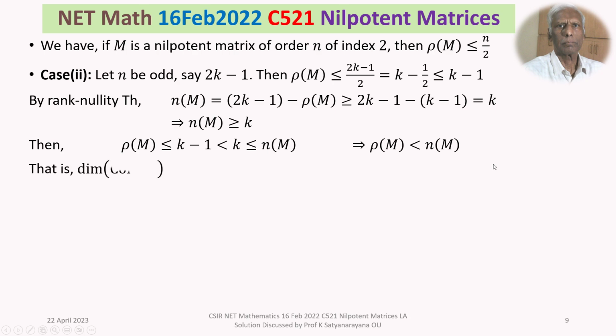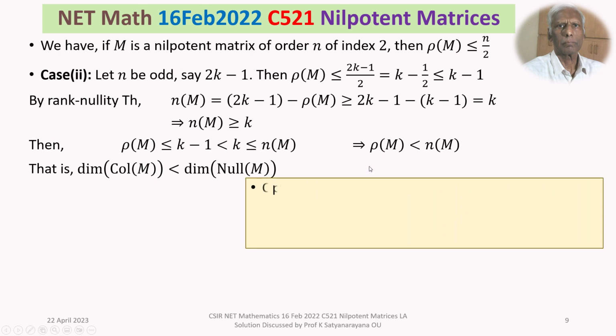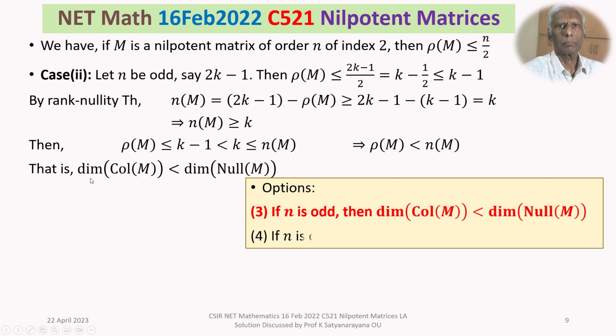And let's look at our options. The rank of M means the dimension of the column space of M, and nullity of M means the dimension of the null space of M. What we have proved is the dimension of the column space of M is strictly less than the dimension of the null space of M, which appears against option 3.